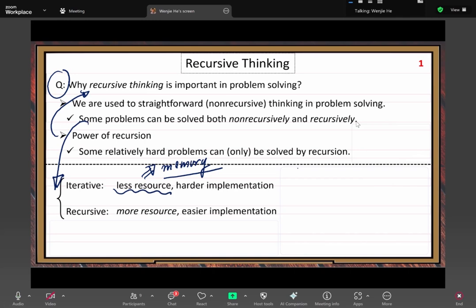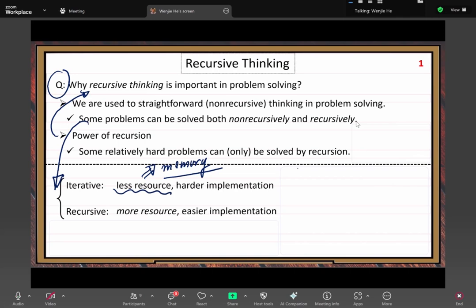If you look at the history of programming languages, back at early times, most programming languages did not support recursion.